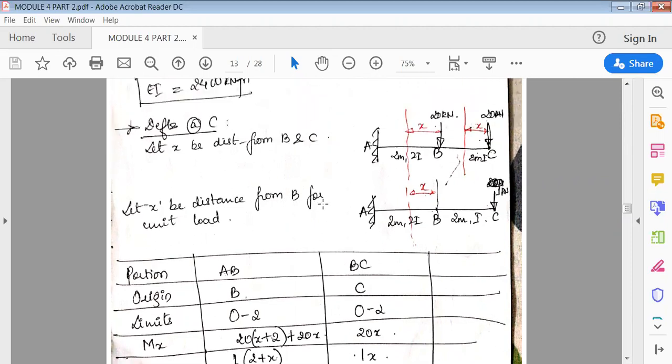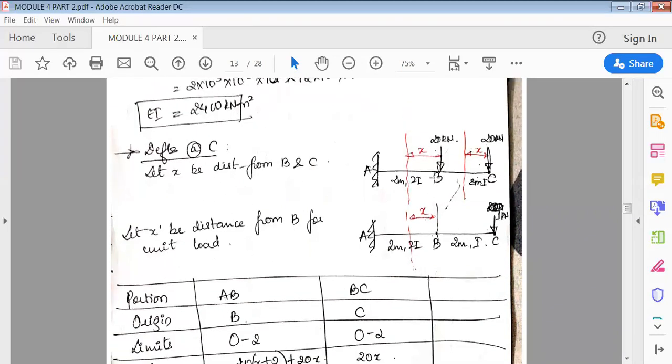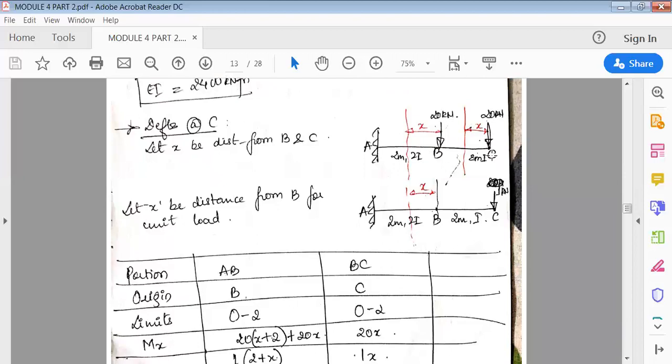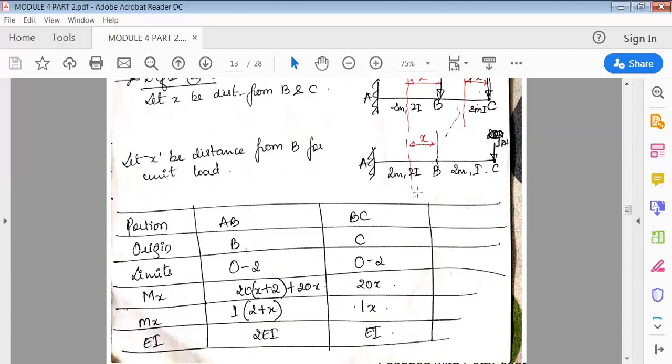Okay, so first thing is portion AB, BC. Then origin for AB is B, origin for BC is C, then limits 0 to 2, 0 to 2. Next, bending moment, capital M. So bending moment at a section XX in AB span.